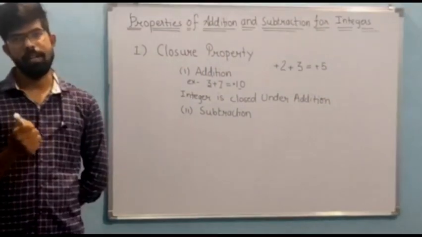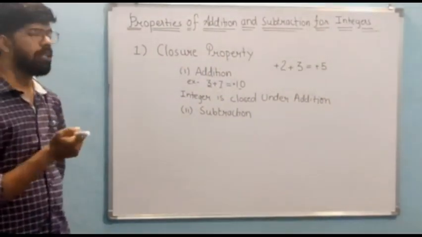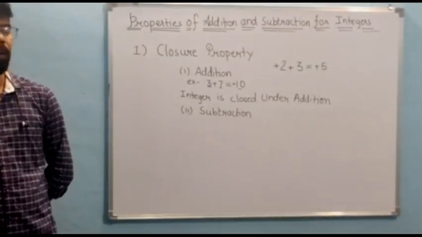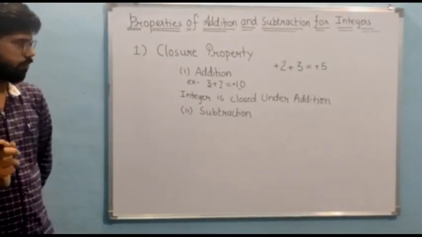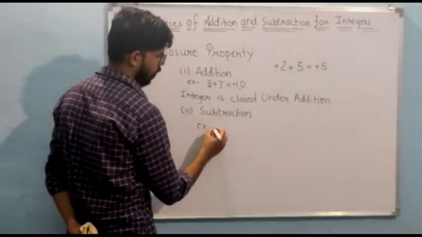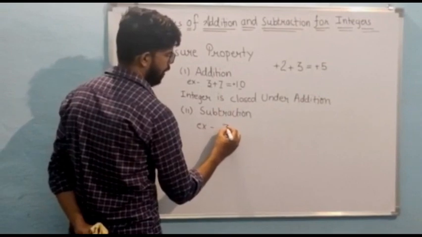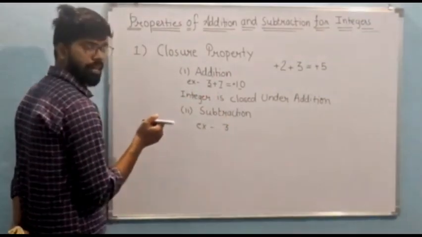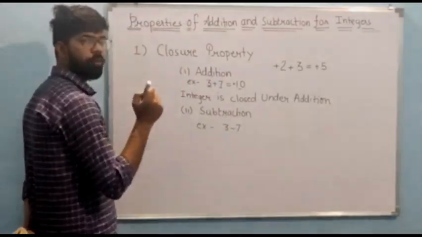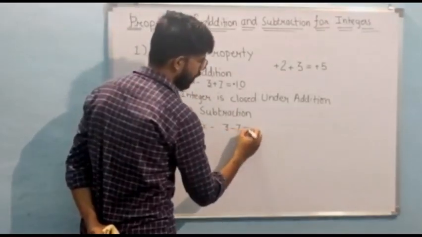Closure property under subtraction. Do integers follow the closure property under subtraction or not? So we take an example. Plus 3, which is an integer, minus 7, which is also an integer. What do we get?